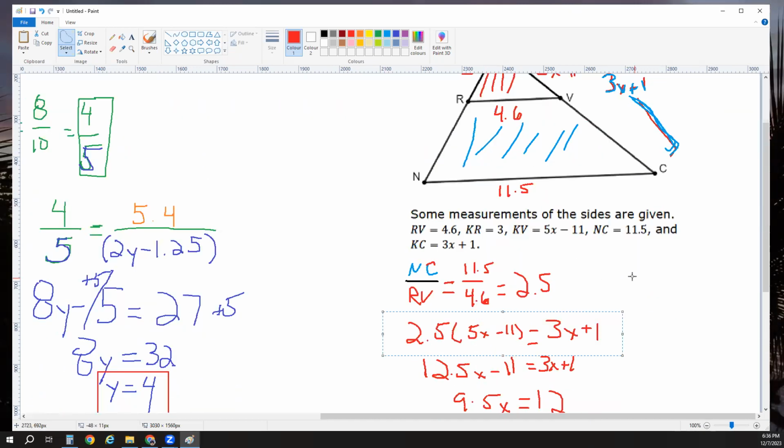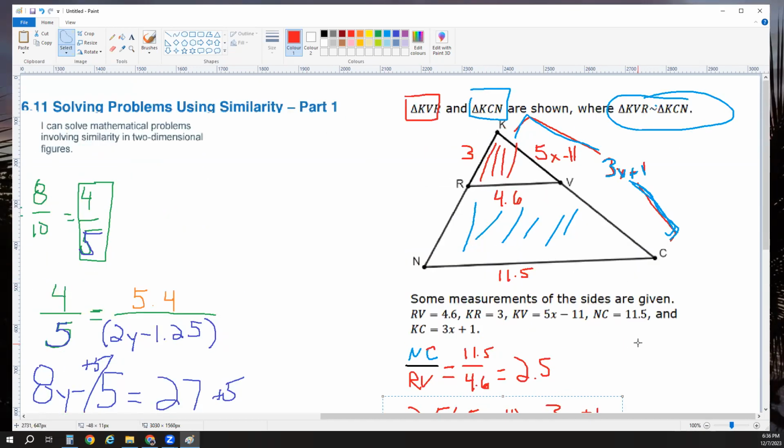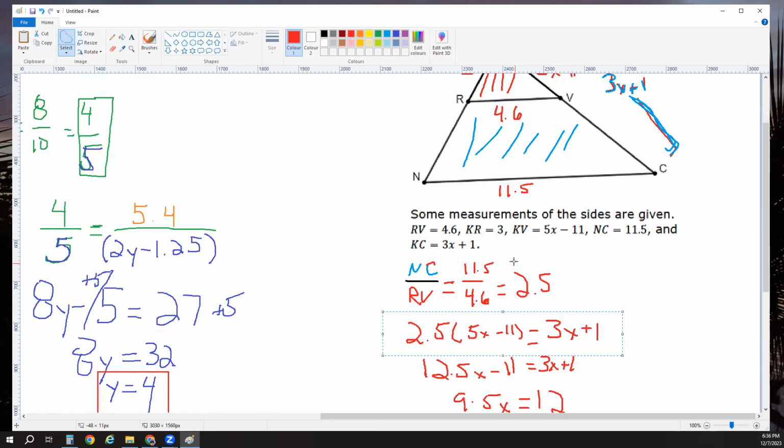Let me change this into a fraction, right? 2.5 is 5 halves. So my big one, 5 halves. Let me do it like this.